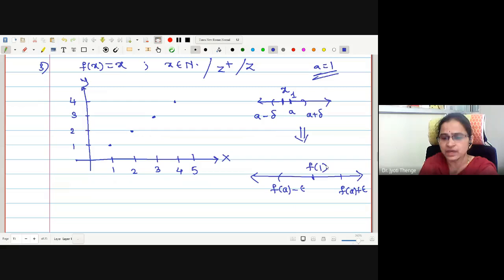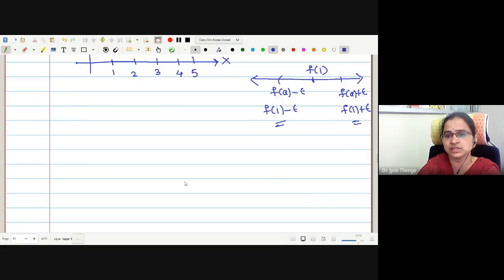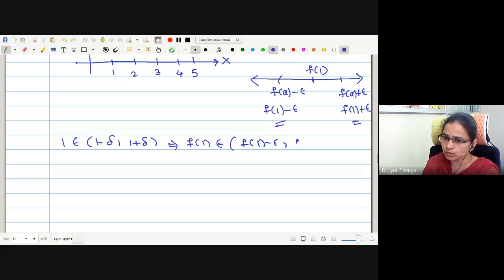If a is equal to 1, the neighborhood is f of 1 minus epsilon to f of 1 plus epsilon, and obviously f of 1 is going to lie in this neighborhood. Therefore, one can write very easily: whenever 1 belongs to 1 minus delta to 1 plus delta, it will imply f of 1 belongs to f of 1 minus epsilon to f of 1 plus epsilon.